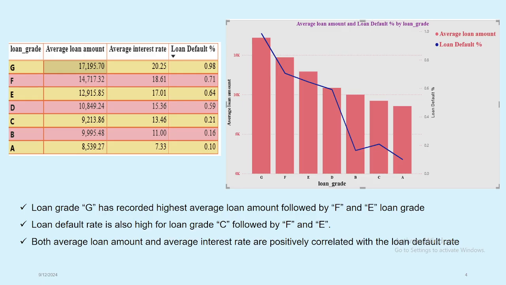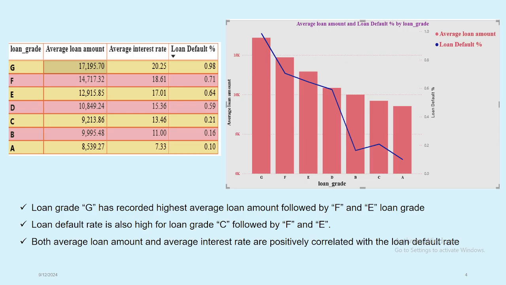Loan grade G records the highest average loan amount, followed by grades F and E. The loan default percentage increases progressively from grade A to G. Higher risk grades like E, F, and G not only have a larger average loan amount, but also a higher interest rate and a higher default rate.